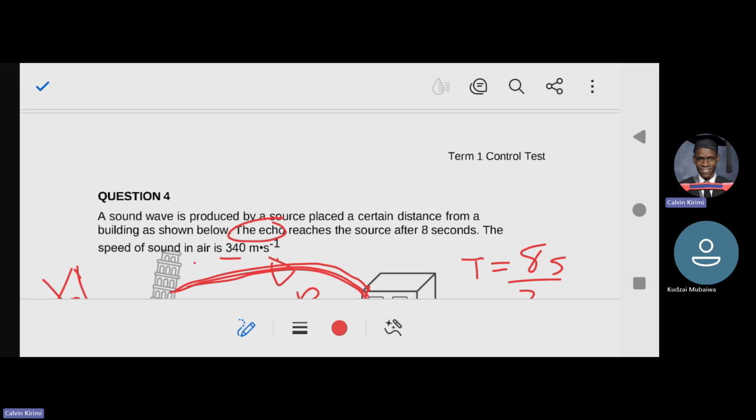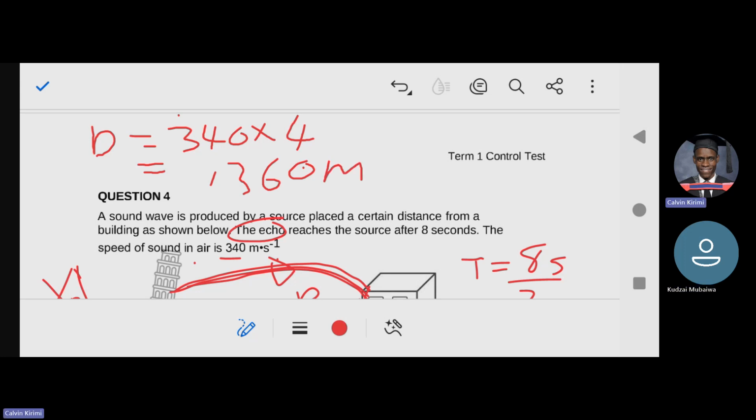So then you write that the distance which you are looking for is equal to speed, which is 340, multiplied by the time taken, which is 8 seconds. Then you know your final answer is in meters. Since your units are meters per second, the seconds cancel, and you are left with meters. 4 times 0, that's 0. 4 times 4, 16. 6 carry 1. 4 times 3, 12 plus 1, 18.